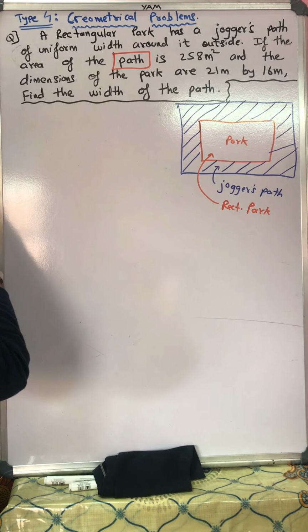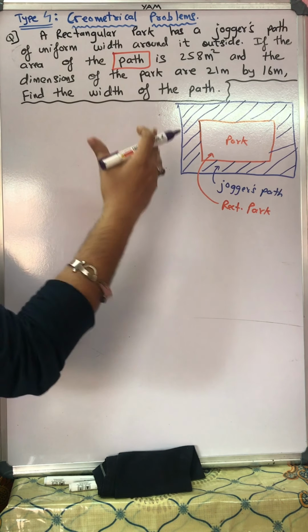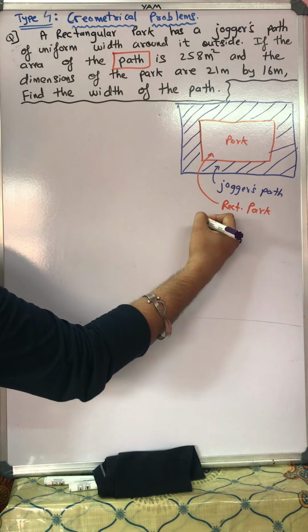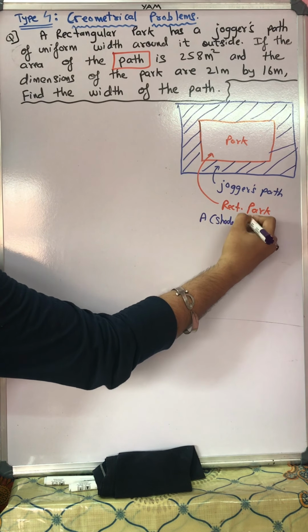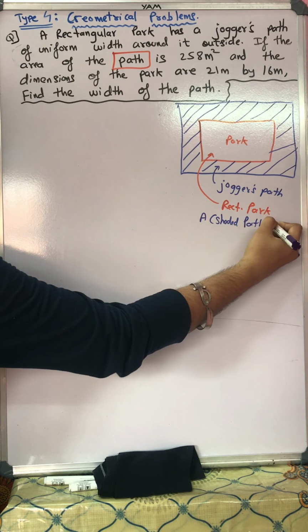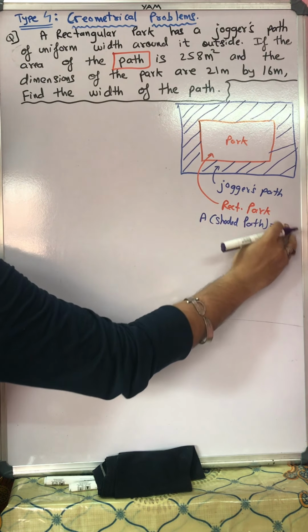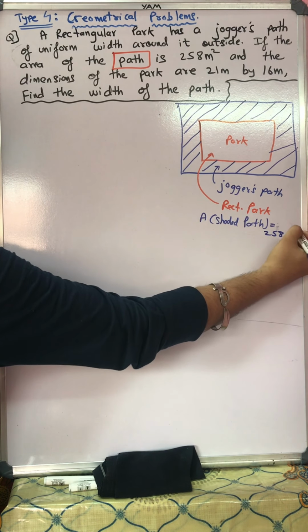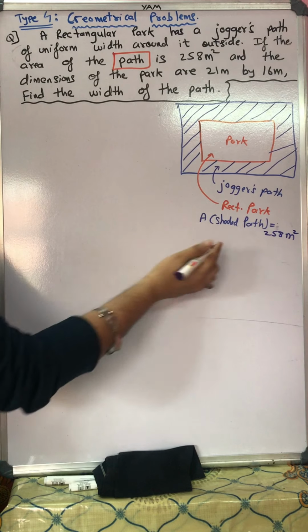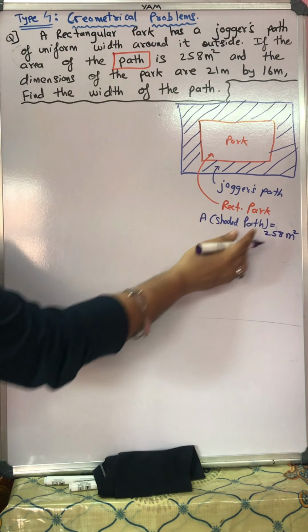To avoid confusion students, I will not use the word path because I have shaded it. So I'll say area of shaded path is how much? 258 meters square.